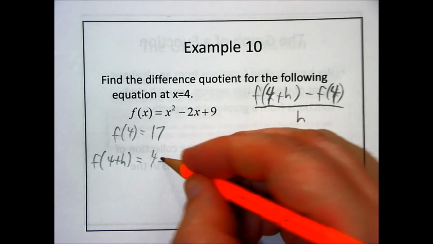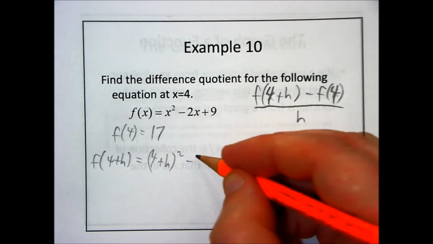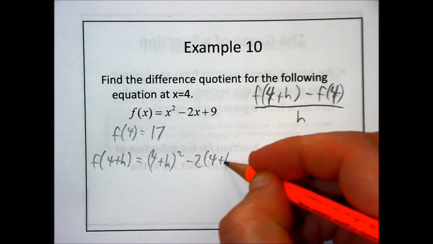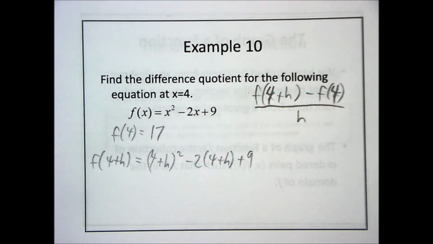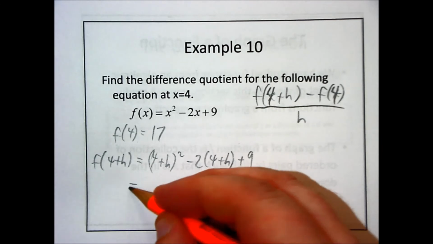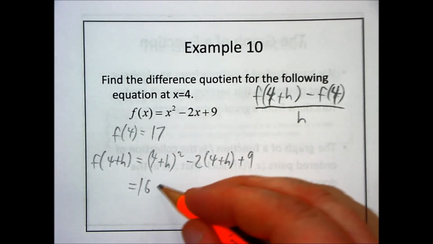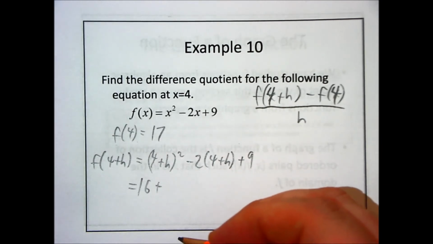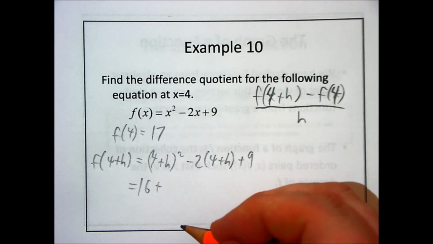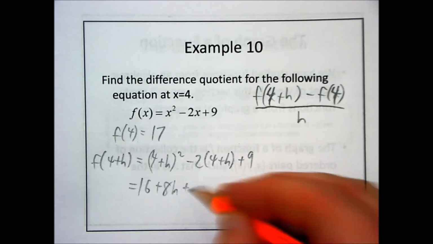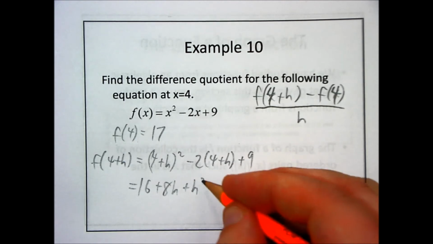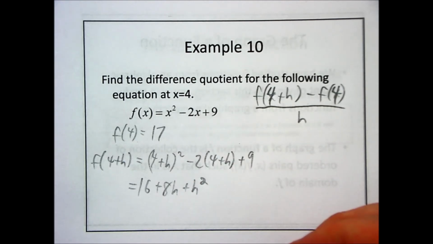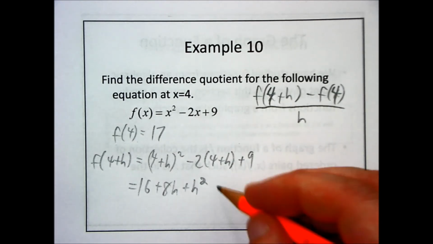Okay? f of 4 plus h takes a little more work. So I'm going to need to take 4 plus h and square it, minus 2 times 4 plus h, plus 9. What do you do first? FOIL. That's going to give me 16 plus what? 8h. 8h plus h squared. Then distribute.